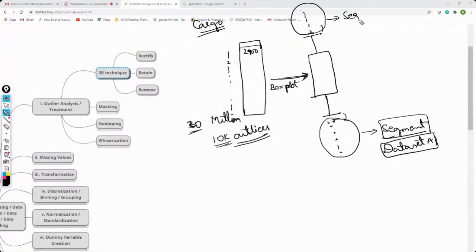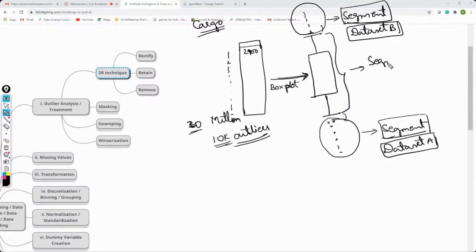You treat this segment of data separately, this is data set B, and analyze this data separately. And all the non-outlier data, treat it as another segment or another data set, and start analyzing this separately. This is a practical way of handling it.